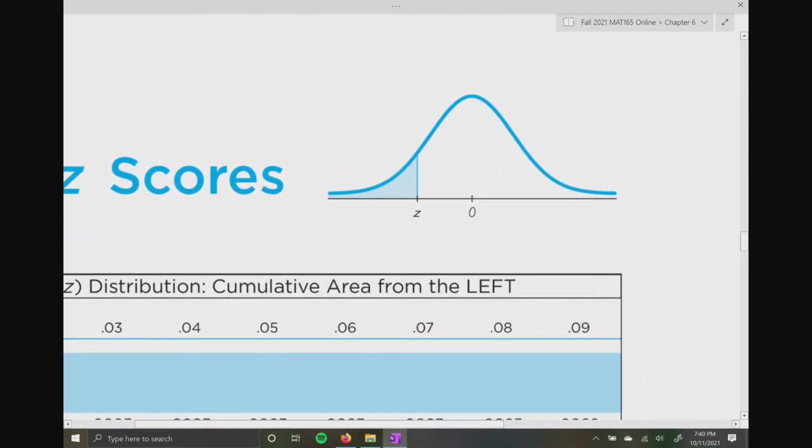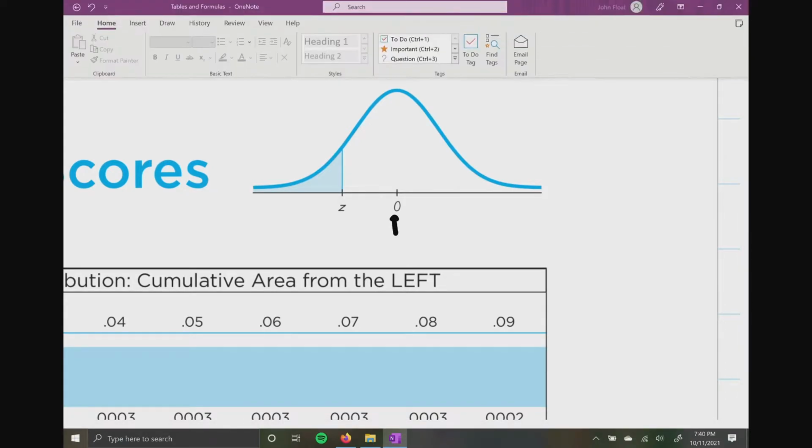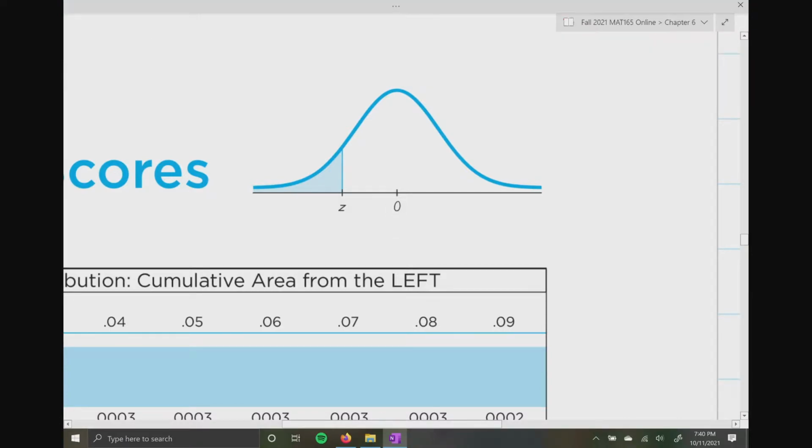Clearly in blue, you can see we have our standard normal curve. And right down the middle, oh, that's a really thick pen. Hold on one second. Right down the middle here, mu is going to equal 0, and our deviation for this is equal to 1.